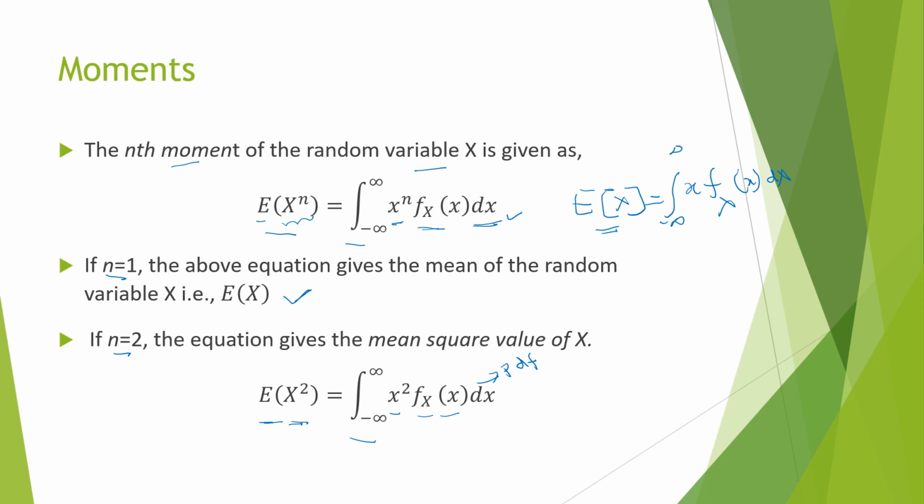That's why it is known as the mean of the square value of X, the mean square value. So these two values, expected value and mean square value, are very important to understand continuous random variables. The first moment and second moment are also known as expected value and mean square value. If n is equal to 1, it is the expected value. If n is equal to 2, it is the mean square value.